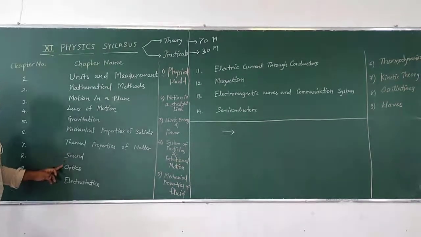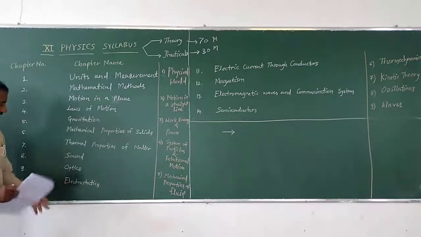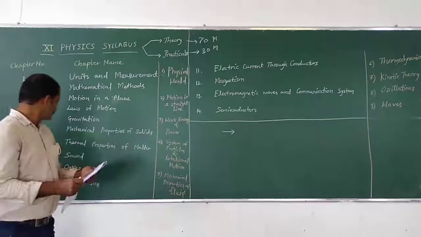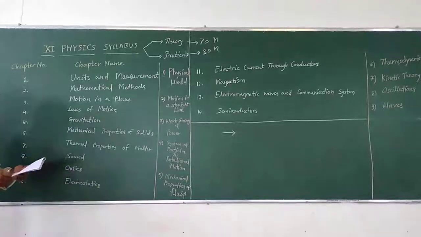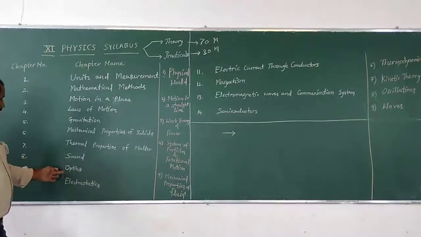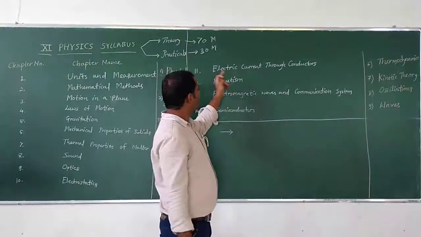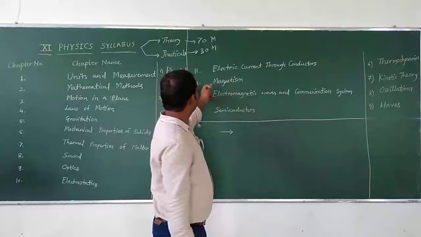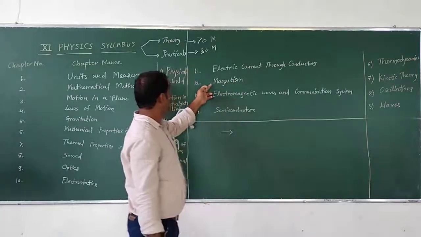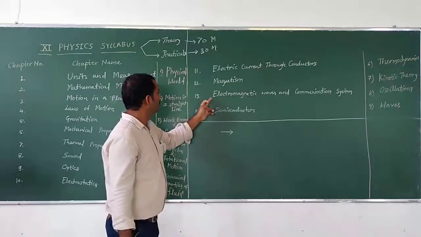Then sound. Then the ninth one is optics. Then electrostatics. In sound we will see various properties. Again optics, then electrostatics. The 11th chapter is electric current through conductors. Then the 12th is magnetism.